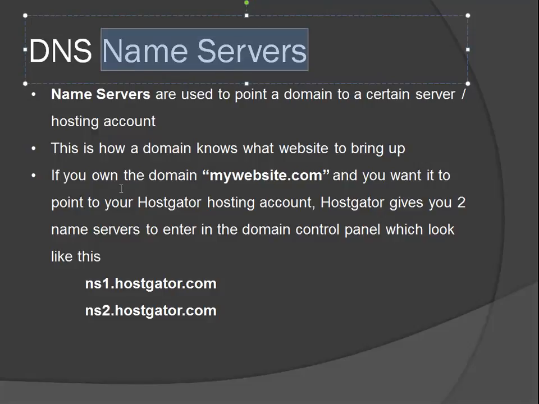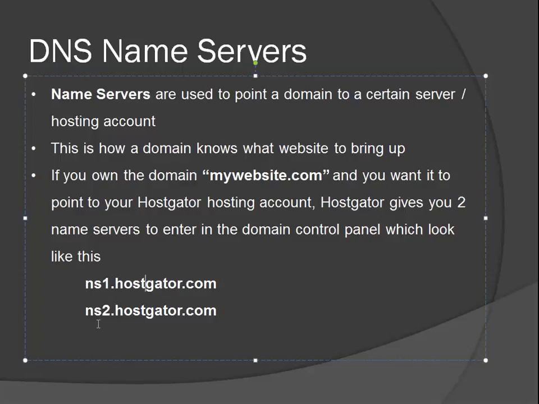And then you would add HostGator's name servers, and they would look like this. These actually are HostGator's name servers: ns1.hostgator.com and ns2.hostgator.com. Typically there'll always be 2 name servers. And later on I'll actually log into my domain control panel and show you this, where you can change this.